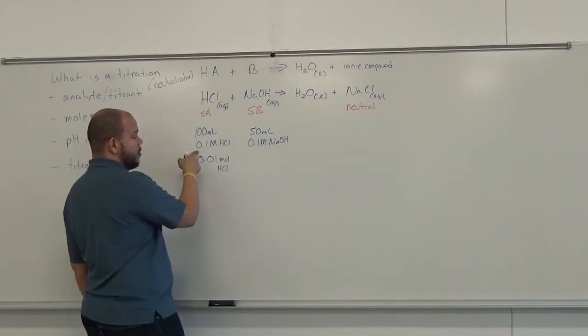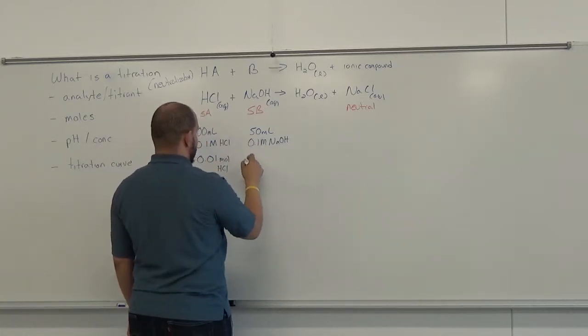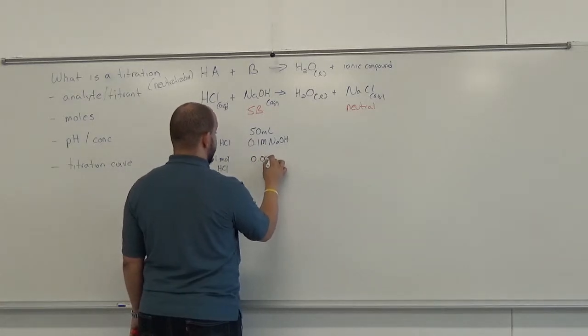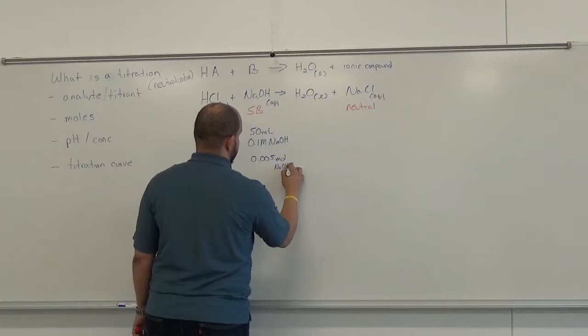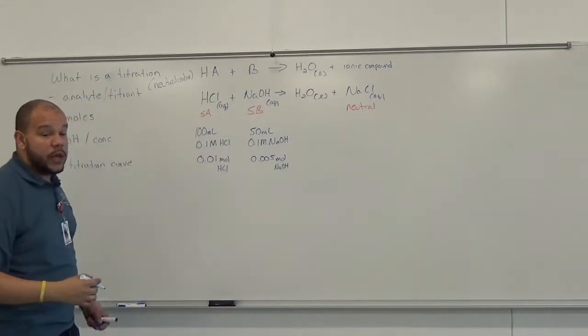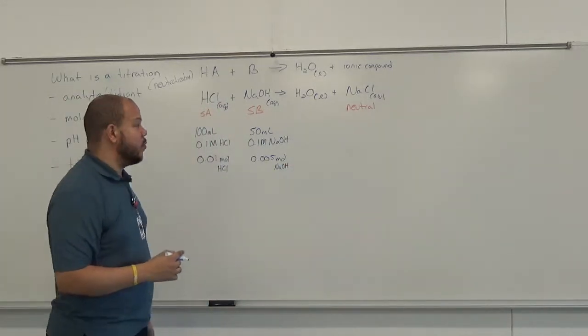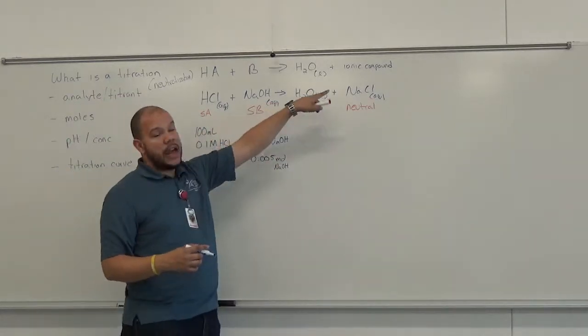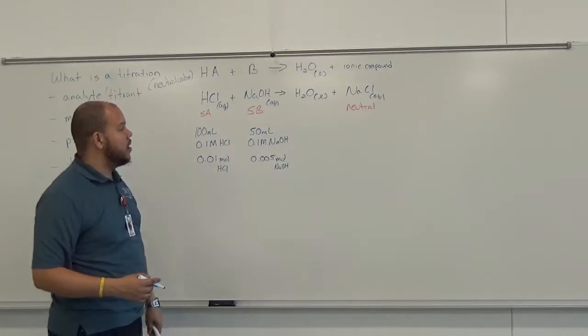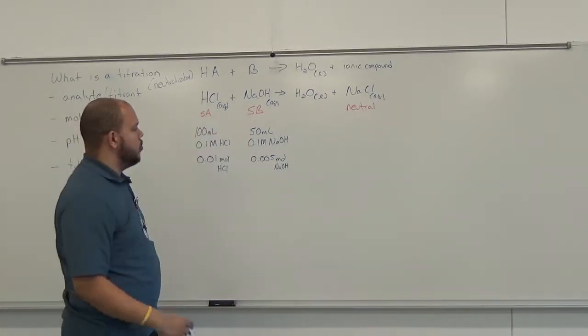Remember, we got 0.1 times 0.1, and here it's going to be 0.005 moles of sodium hydroxide. Now, what we should be familiar with at this point is that acid and hydroxide form water and the ions, and those ions are in fact neutral.